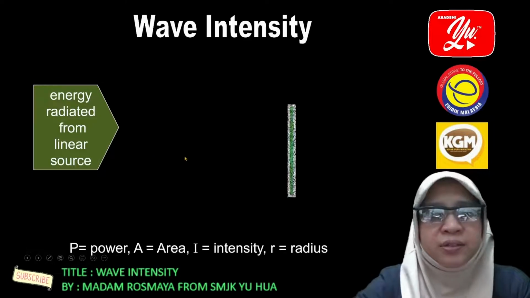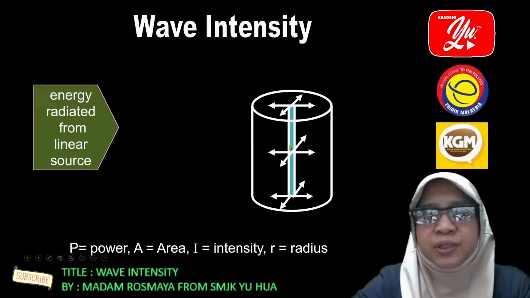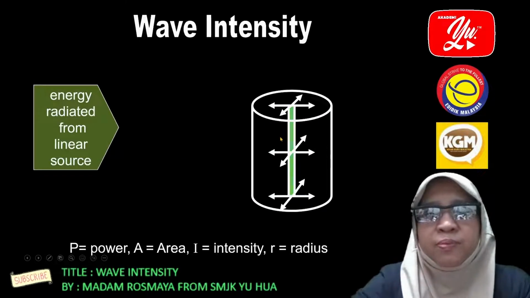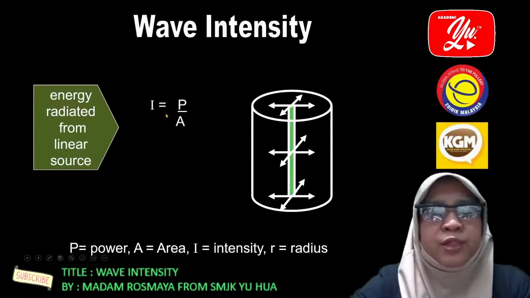For a linear source, at a distance r from the source, the shape is cylindrical. From the formula, intensity equals power per area.